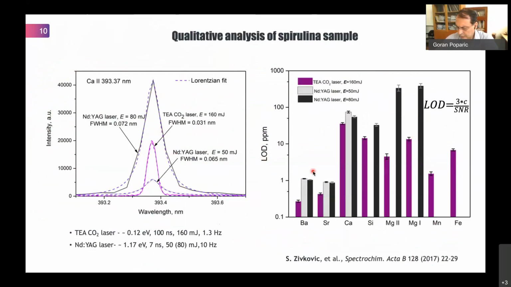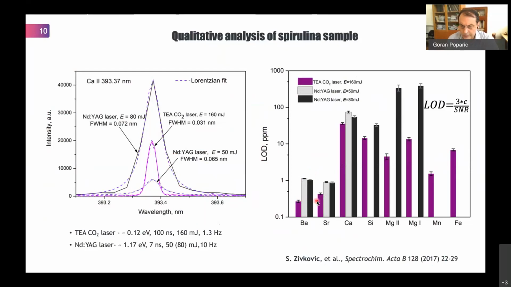When it's about our limits of detection, they are all lower than those obtained with the neodymium laser-based LIBS system, so we can conclude that our system is better for analysis of this type of samples in air at atmospheric pressure.